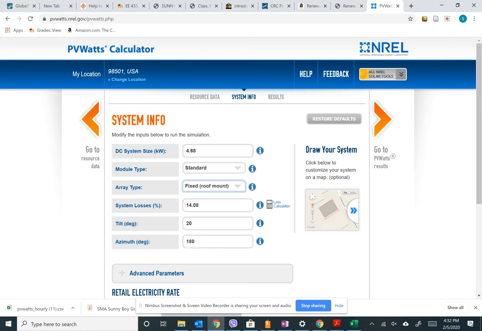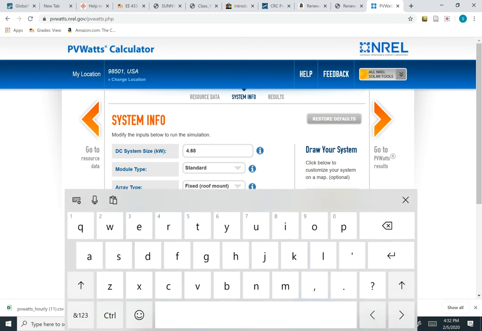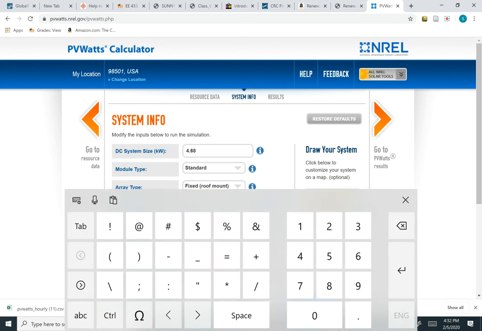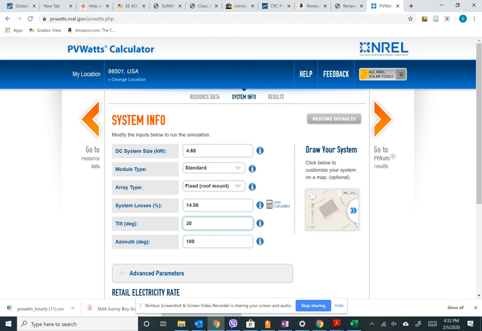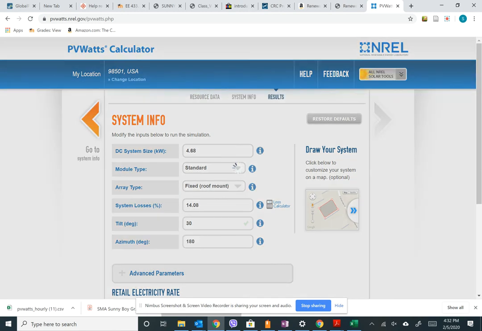Going to go roof mount. And we will put 30 degrees tilt. Leave the 180 where it is. Okay, and we'll just leave the system losses where they're at. And we'll go to this next page.